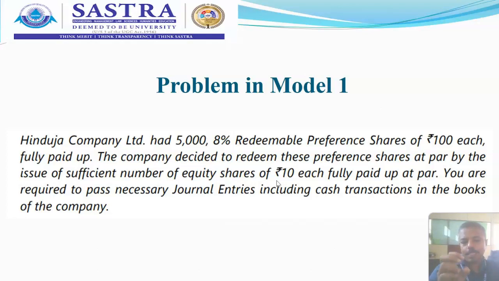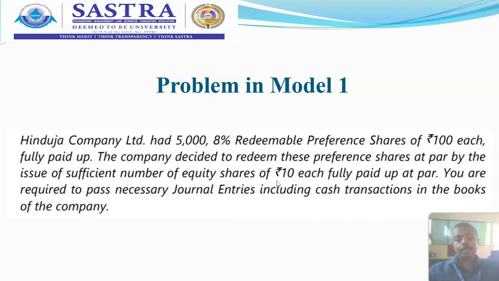Are you able to follow this from the question? The redeemable preference share face value is rupees 100. So they have 5,000 preference shares, total amount 5 lakhs, whereas the company is expected to issue rupees 10 equity shares, fully paid up at par.